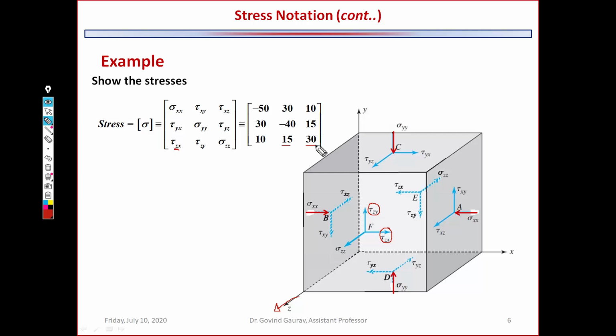Again the value of sigma zz, which is the normal stress, is acting in the positive z direction, so it will be termed as tensile, acting in the positive z direction.